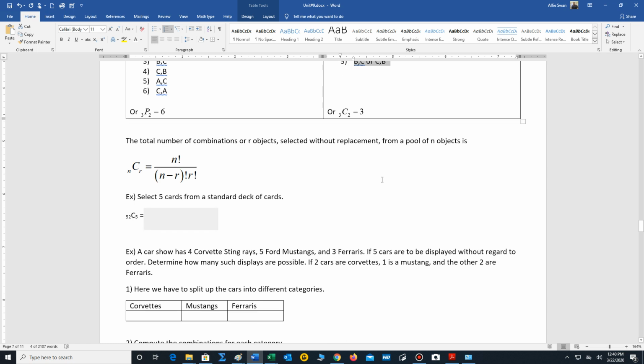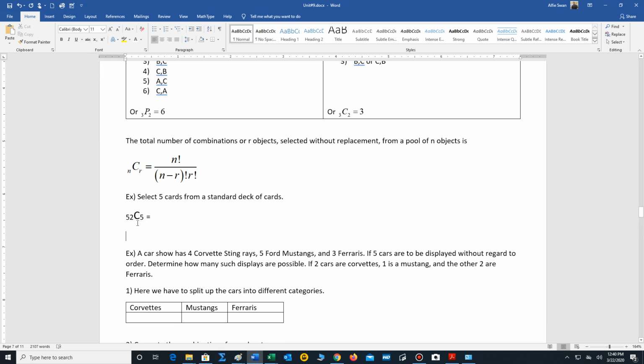So let's take a look at an example. Let's say that we want to select 5 cards from a standard deck of cards. Well, it's a straight selection. When you see just the word selection, there's no order involved. For our deck of cards, we have 52 cards, and we're selecting 5.